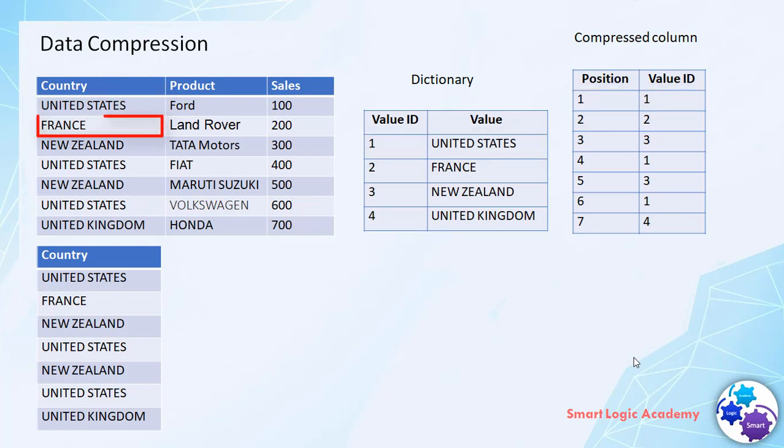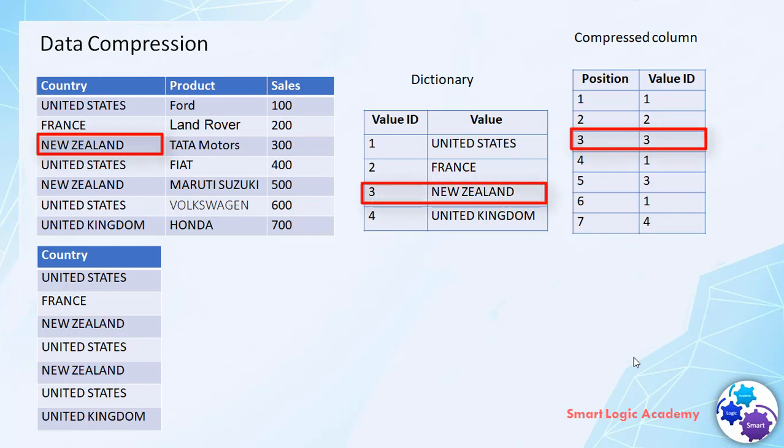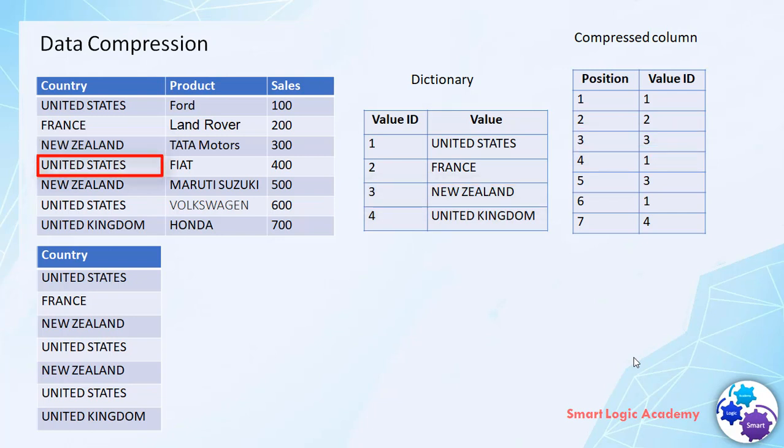Similarly, France gets saved as 2 because the value ID of France in the dictionary is 2. Similarly, New Zealand gets saved as 3, and again United States gets saved as value ID 1, and so on.